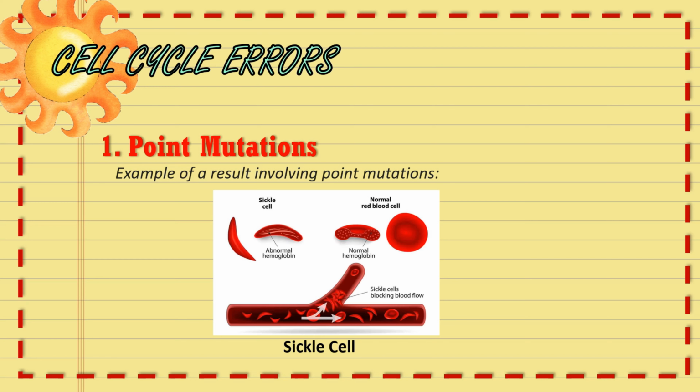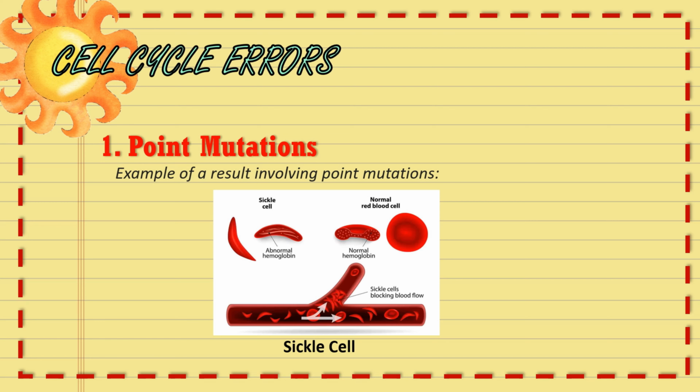Point mutation includes the substitution of one nucleotide in a gene. An example is sickle cell. Sickle cell is a result of one nucleotide substitution in the hemoglobin gene, which results in an abnormal shape of the red blood cell.